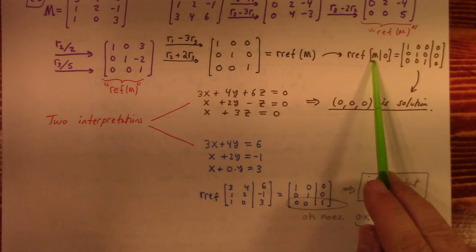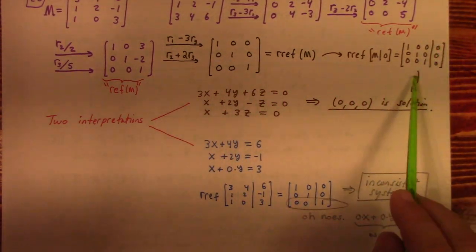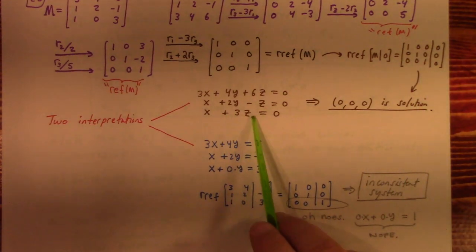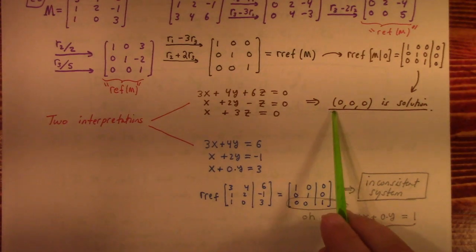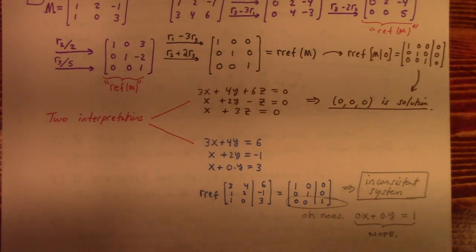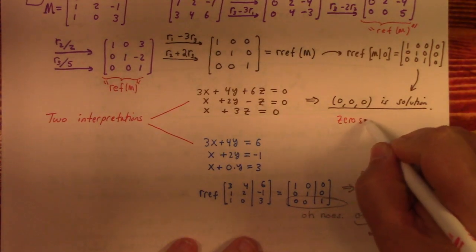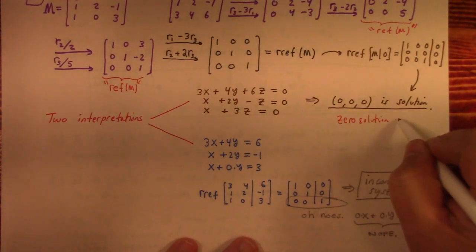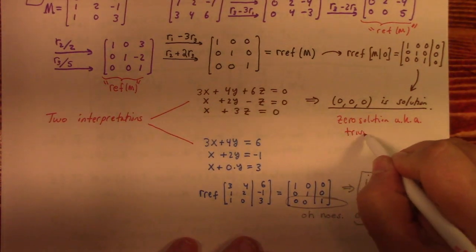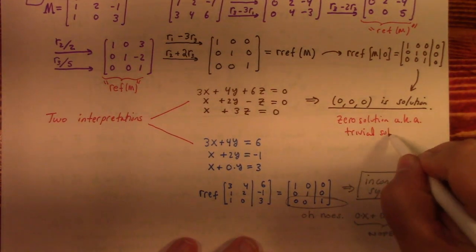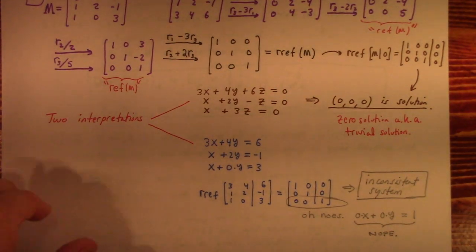So the reduced echelon form of this homogeneous system is just that, which tells me that this homogeneous system, 3 equations, 3 unknowns, has just the trivial solution. I guess I should mention that. 0 solution. Also known as trivial solution. Which doesn't mean that it's trivial to find, but anyway.